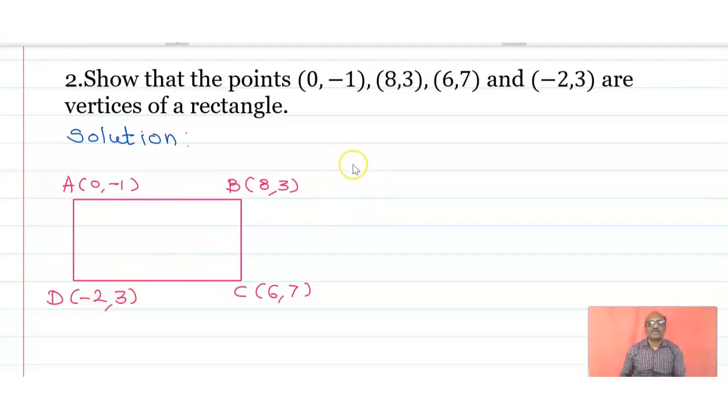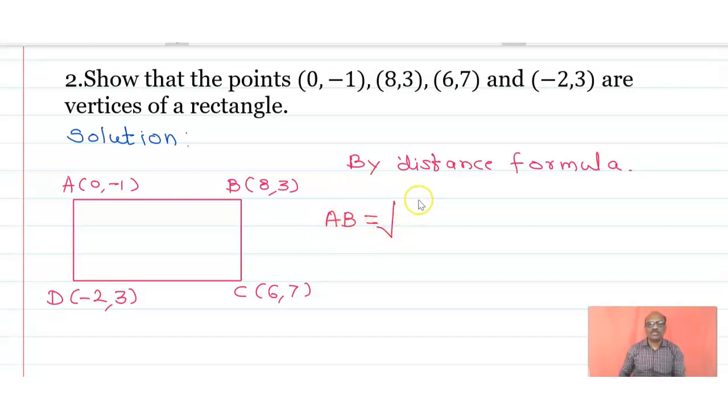Now here AB is equal to, first of all, I will write here by the distance formula. By the distance formula, we will find out AB.